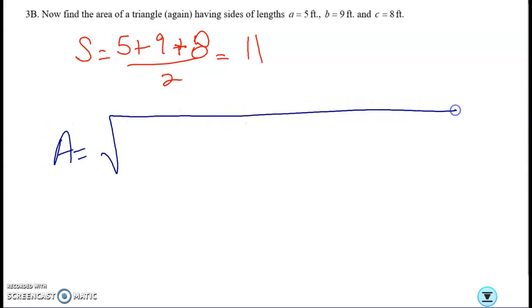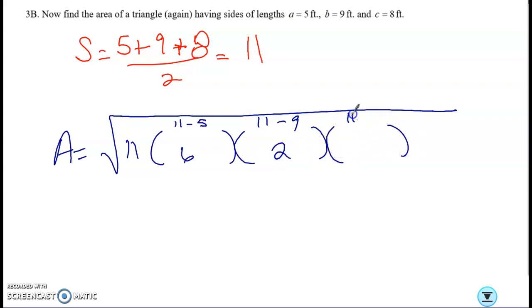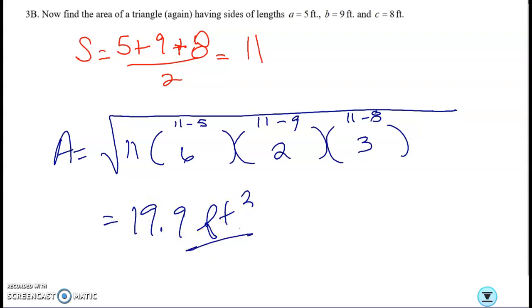So we are going to take the square root of 11 times 11 minus 5, which is 6, times 11 minus 9, which is 2, times 11 minus 8, which is 3. So you put that all into your calculator, and don't forget to take the square root, and you get 19.9 square feet. So we did get the exact same answer using our other formula too.